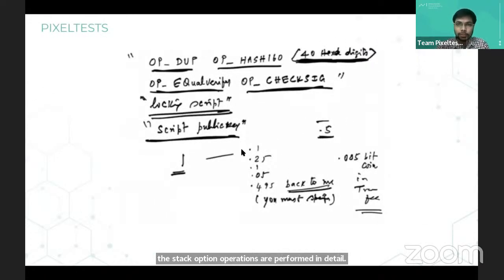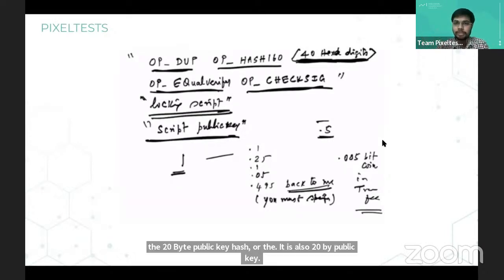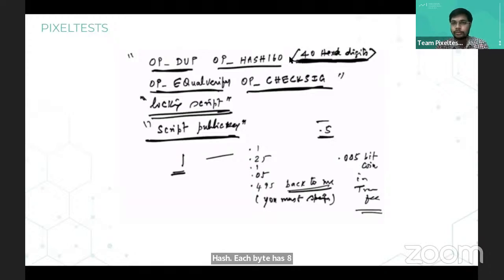Now, if we want to see this in writing, similarly, whenever we are going through an output, it will have the same structure: the OP_DUP, the OP_HASH160, the 20 byte public key hash, okay? Each byte has 8 bits, which can also be represented in 40 hexadecimal digits, right?